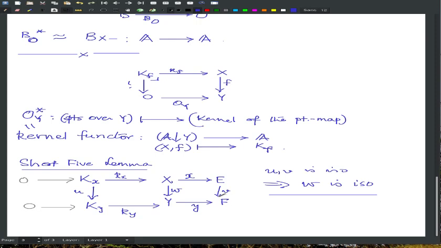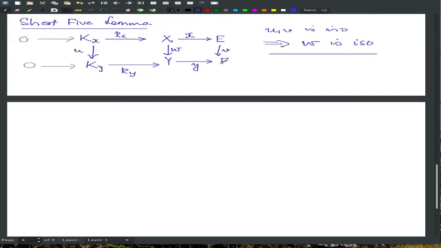If you look into it, I am trying to say that the short 5 lemma is essentially saying that the kernel functor reflects isomorphisms. Okay?